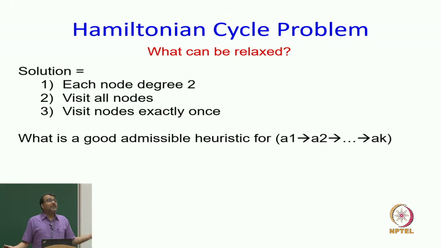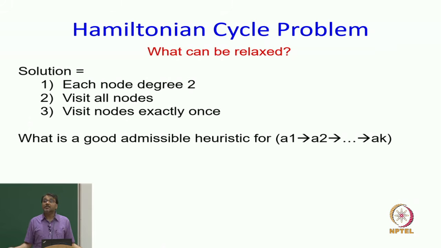And now my only job is to see if I can relax any one of them, and based on that come up with a good heuristic. So, any suggestions on heuristics? What if I get rid of visit all nodes? What heuristic can you create? Let us do reverse. Start from AK and end at A1 with any path.